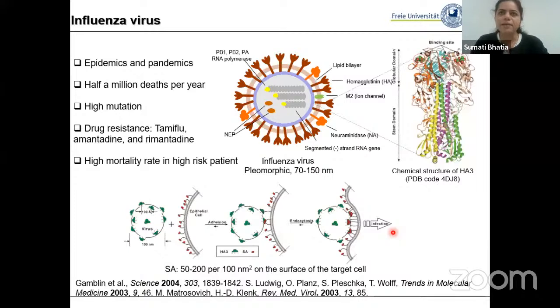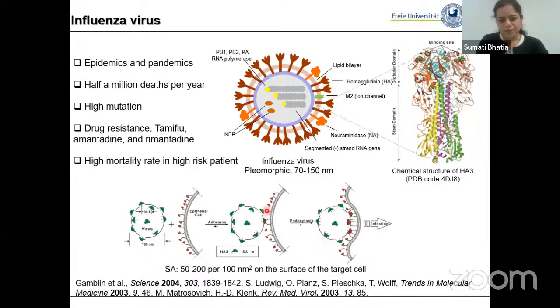And then the idea is to interfere with this first step of infection by optimizing a polymer-based multivalent drug molecule, which can mimic some aspects of the cell surface. At least it can mimic the sialic acid density, and then the virus will bind to this polymer but not to the cell. And then we are able to stop the infection at early stages.